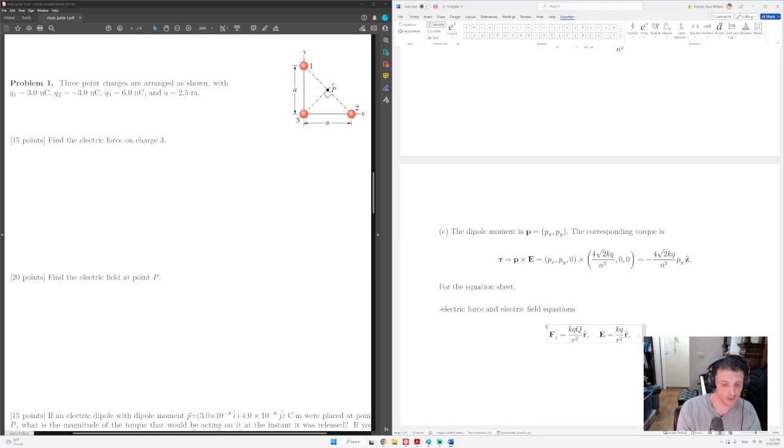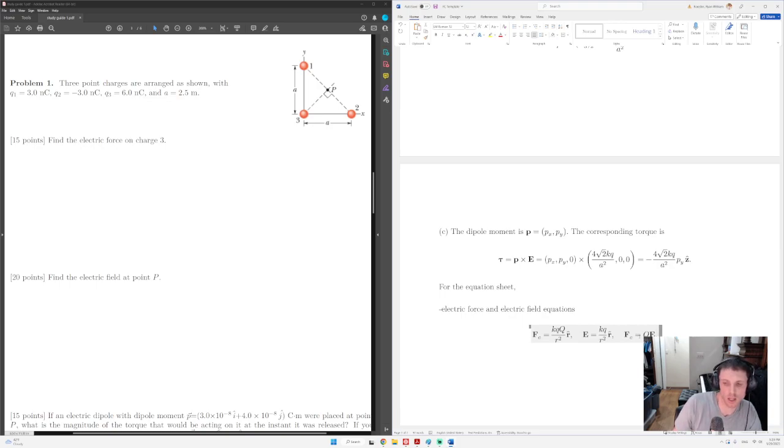And the final thing is that from these two equations there's a relationship between the Coulomb force and the electric field: the Coulomb force is some charge times the electric field. So if you know the electric field at some point and you want to figure out the force on a charge there, all you have to do is multiply the electric field vector by that charge.